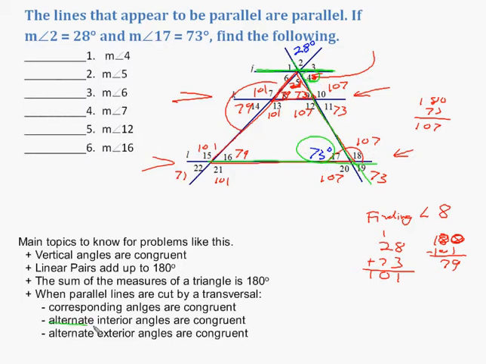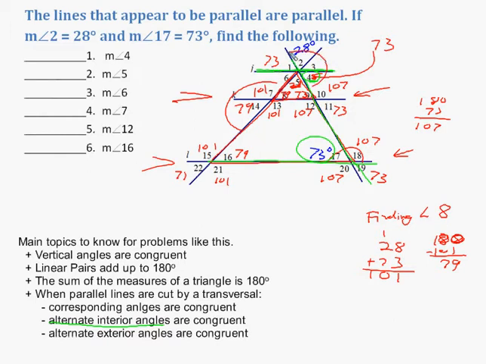They fit this right here, and alternate interior angles are congruent. So we could have found that angle 4 is 73 degrees. And now we can easily find angle 1, because that's vertical to it. That's also 73.